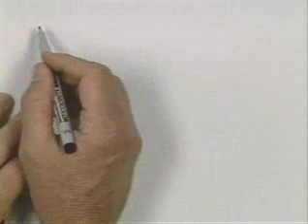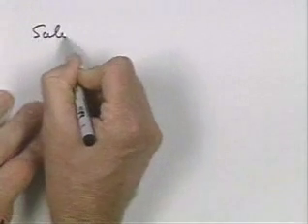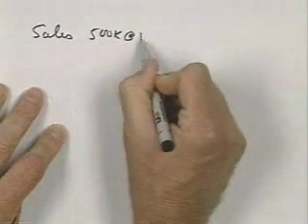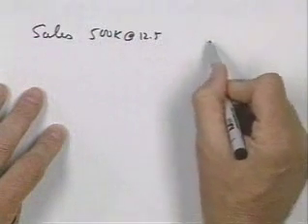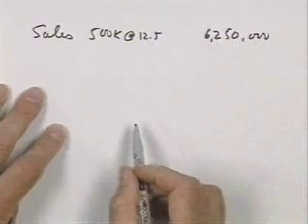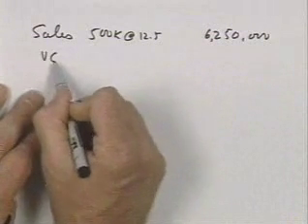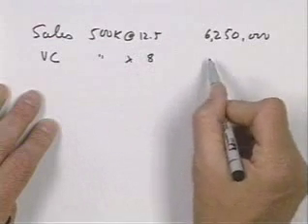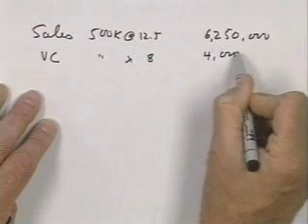Okay, so for the Never Die division, suppose they say we only want to sell outside. What does their income statement look like? If they only sell outside, then sales becomes 500,000 at $12.50, or $6,250 thousand. Their variable cost is 500,000 times $8 per unit, which is $4 million.